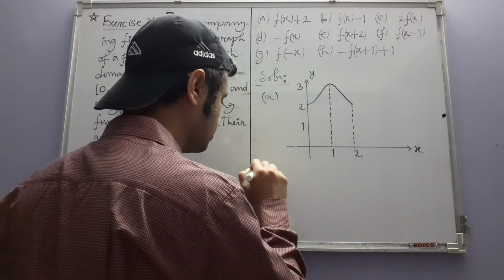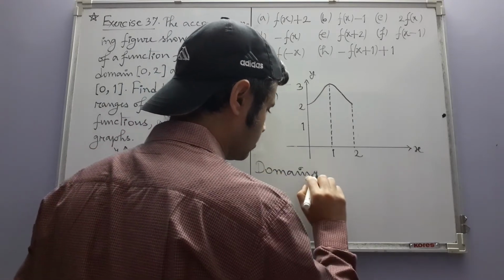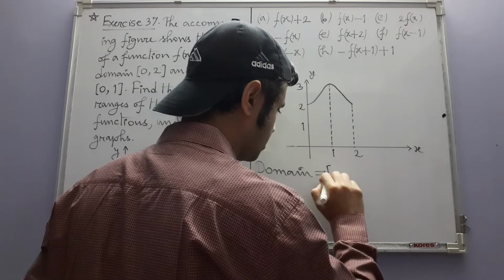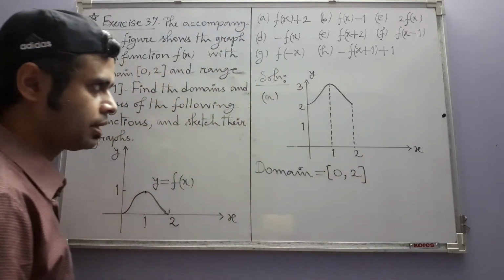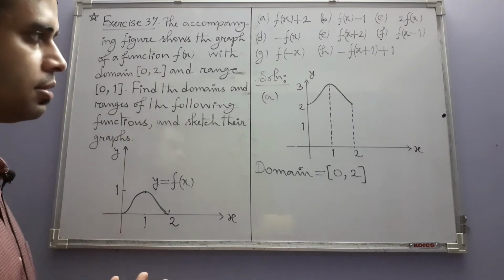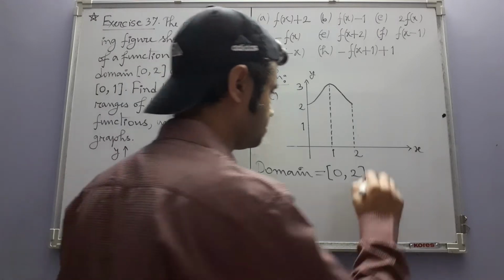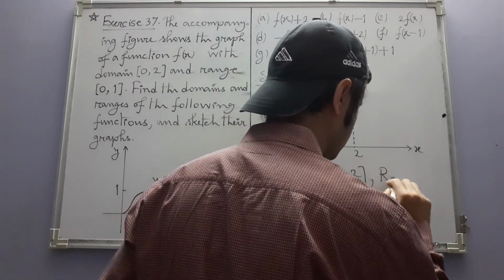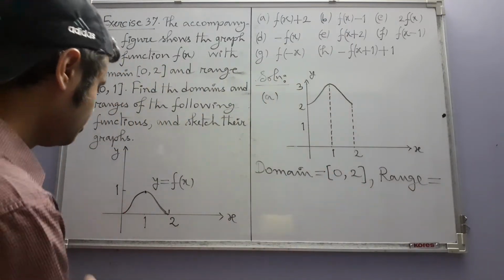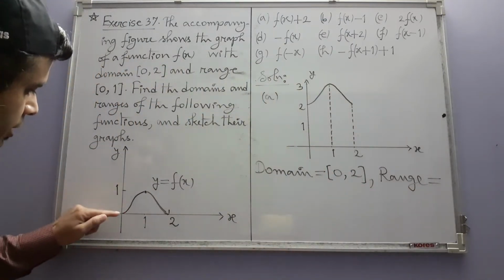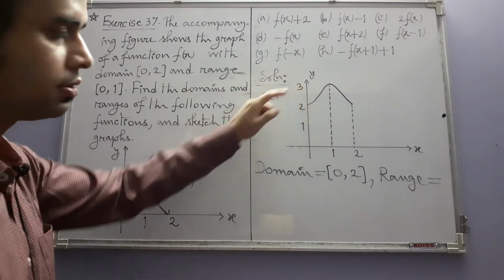So here also the domain of the new graph is 0, 2. And the range, like the domain, is the set of the y coordinates of the points on the graph. Previously the range was the closed interval 0, 1, now it is the closed interval 2, 3.